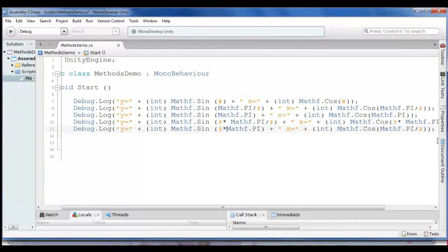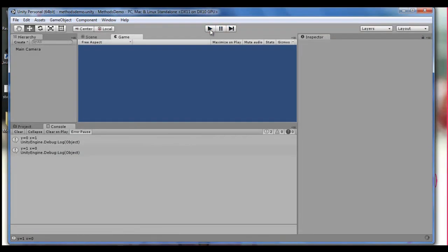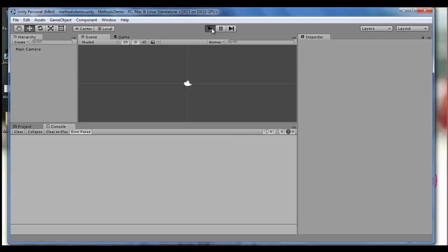Not 2 pi by 2, 2 pi. Now let us save and come back, clear this one and run the code. Let us check whether we get all the results properly or not.